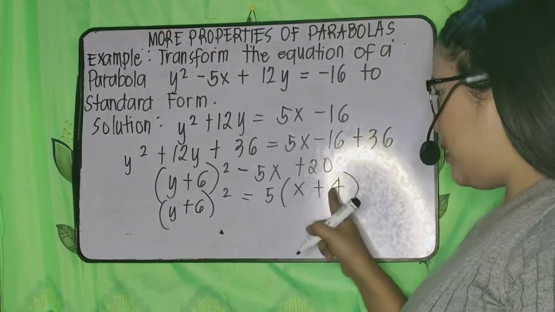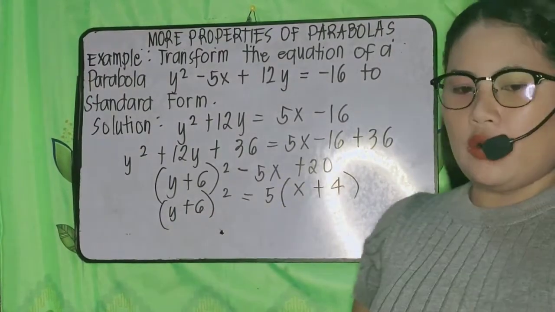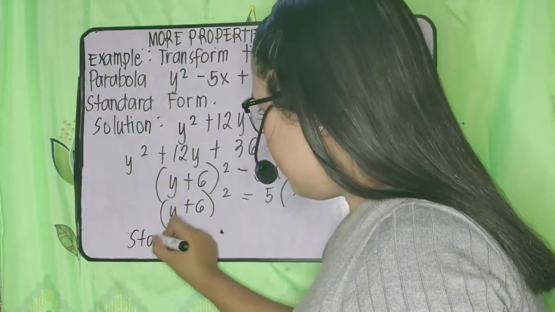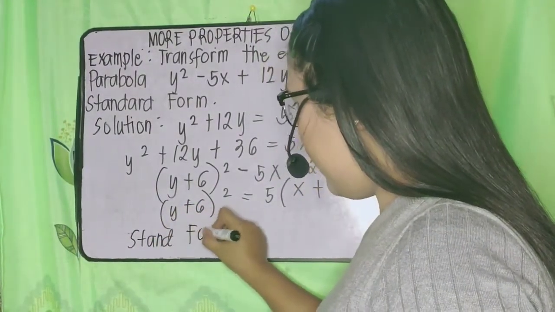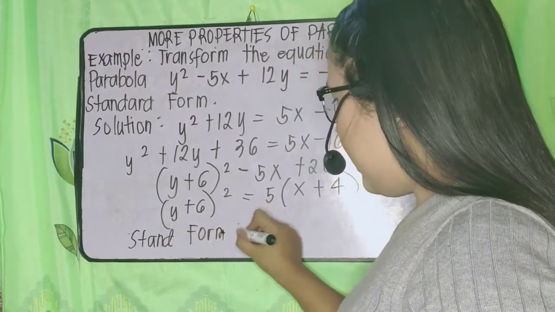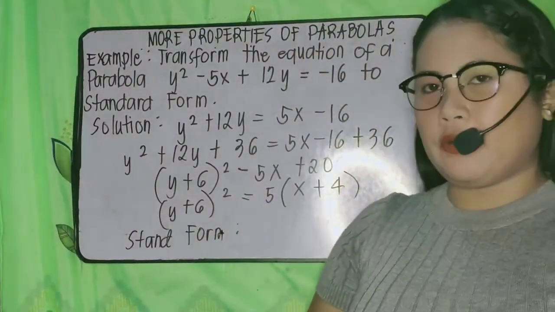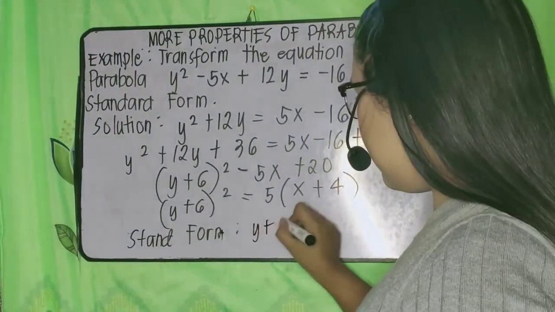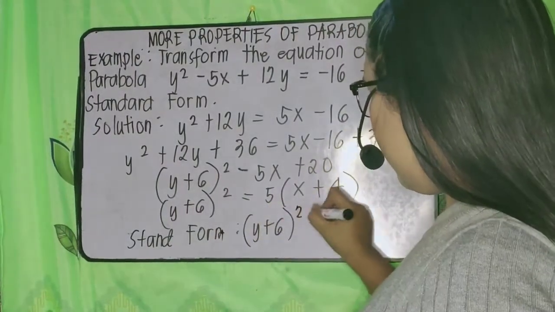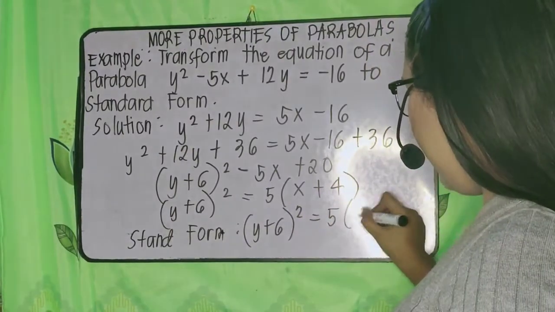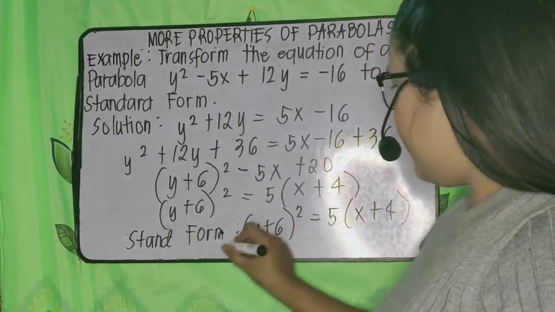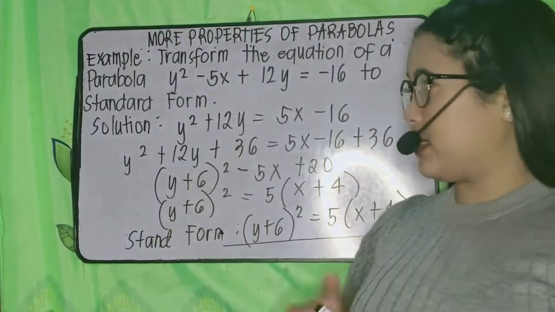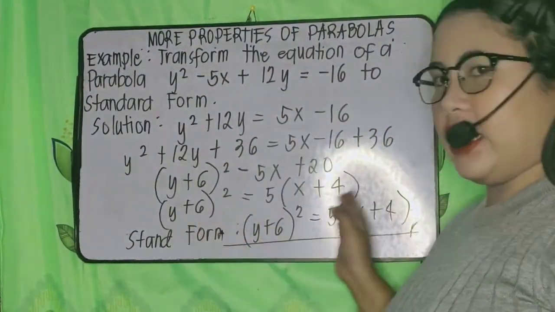Then 5 times positive 4, we have positive 20. Okay, so after following the steps, we're going to write our final answer, which is the standard form. So we have y plus 6 squared equals 5 times x plus 4. So here is our final answer. So from general form, we converted it into standard form.